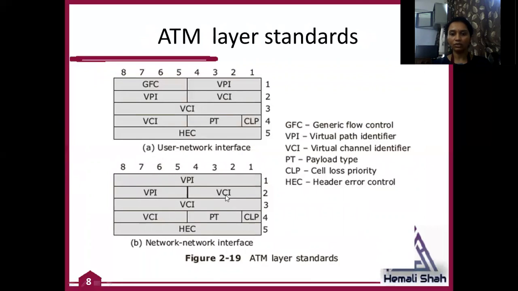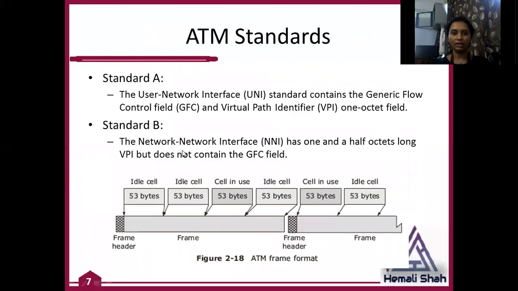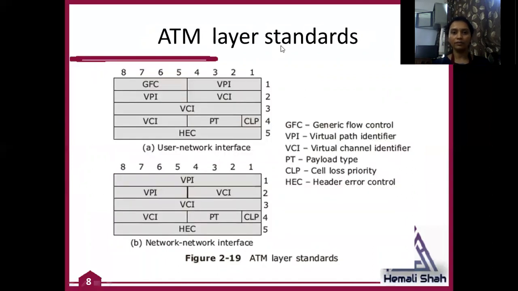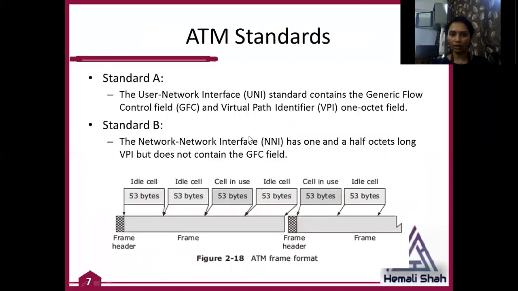Standard A is called the user network interface standard that contains the generic flow control field and the virtual path identifier as a one octet field. See here, this is the user network interface standard A. It has the fields VPI and GFC, while in standard B there is no GFC field. So it is described over here.